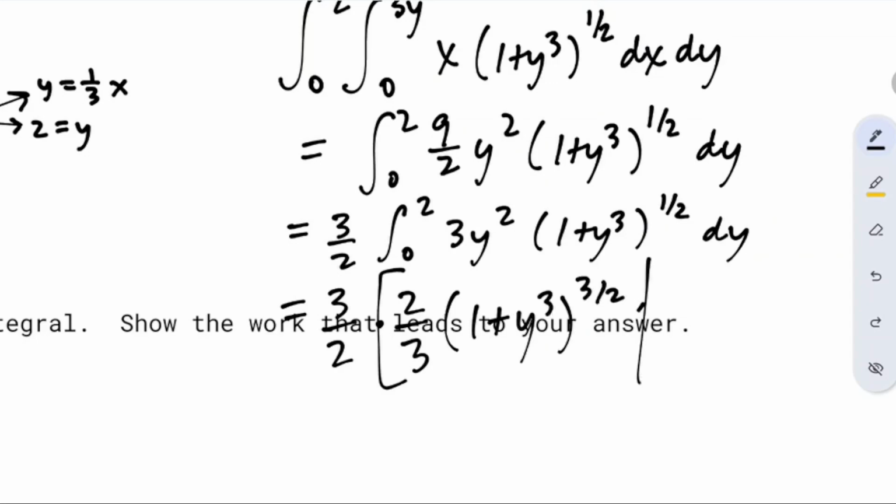Take the derivative of just the thing inside, ignoring that 3/2, because that was just a constant that came from the 9/2 originally. 1 times (1 plus y cubed) to the 1/2 power times 3y squared for the chain rule. I feel good about that. y equals 0 up to y equals 2. Cancel these off: 1 plus 8 is 9 to the 3/2 minus 1 plus 0 to the 3/2, and that's going to be 26.